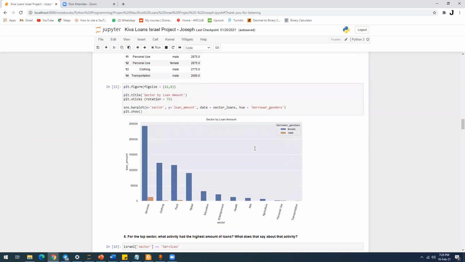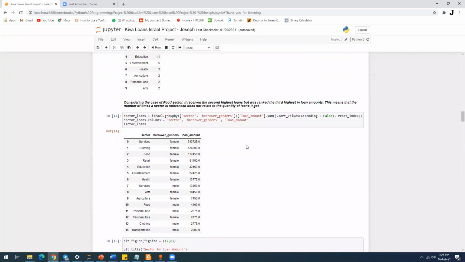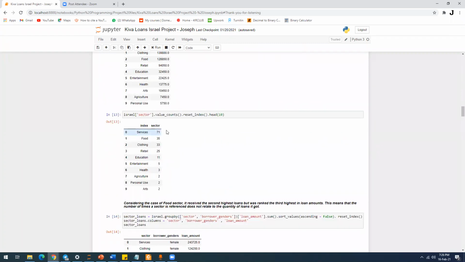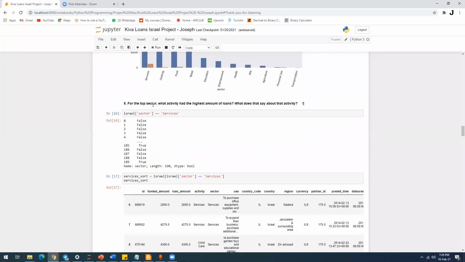Okay. Number 5, for the top sector, what activity had the highest amount of loans, and what does that say about that activity? Remember here we did the top sector, and we realized it was services. So the question is asking, for the services sector, what activity had the highest amount of loans?